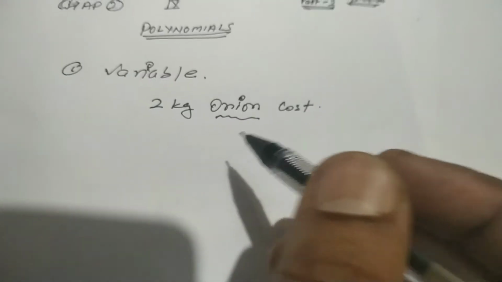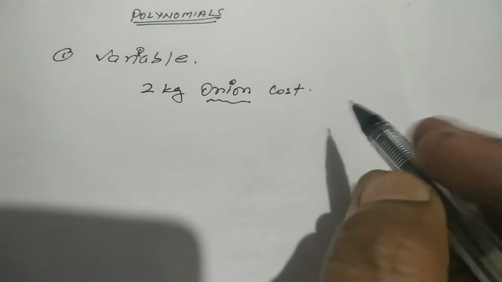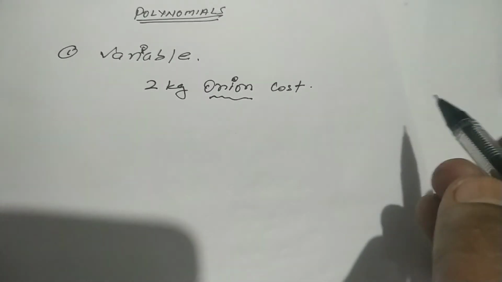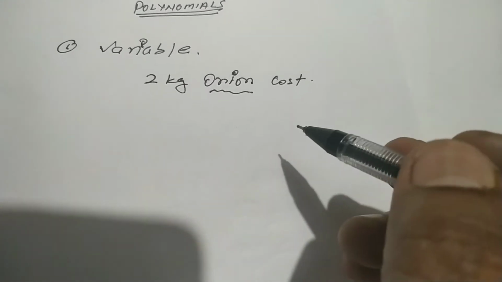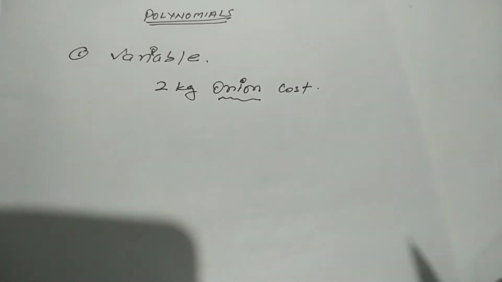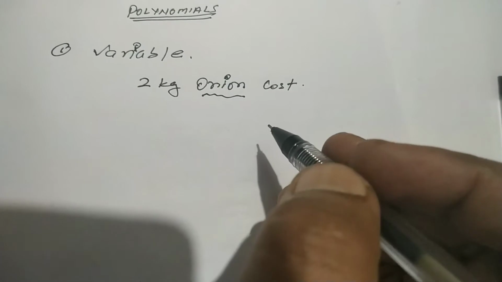Like this, if it is 30 rupees per kg, then the 2 kg cost is 60 rupees. If it is 10 rupees per kg, then the 2 kilogram cost is 20 rupees. And if it is 50 rupees per kg, then the cost is 100 rupees.